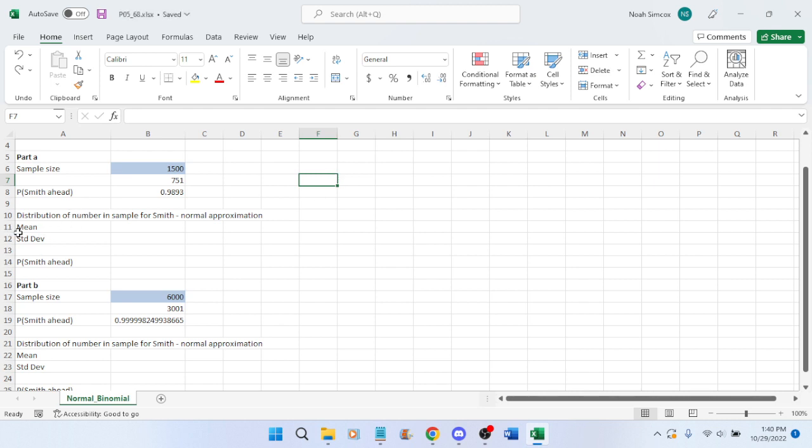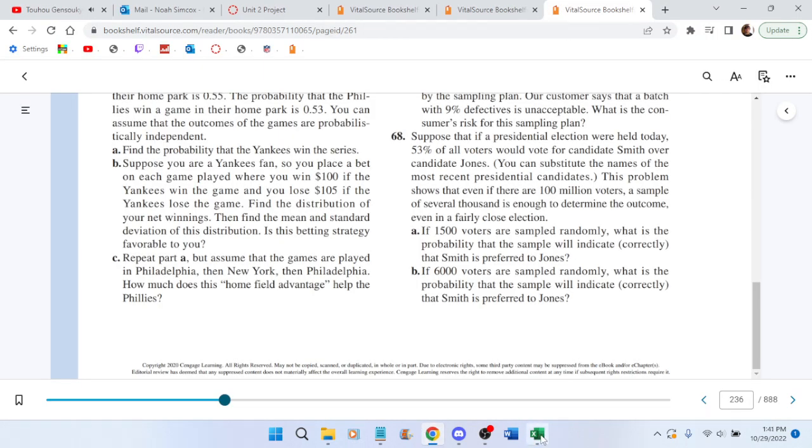And also, I don't know why all this extra stuff is here. It doesn't even say in the question for me to do that.